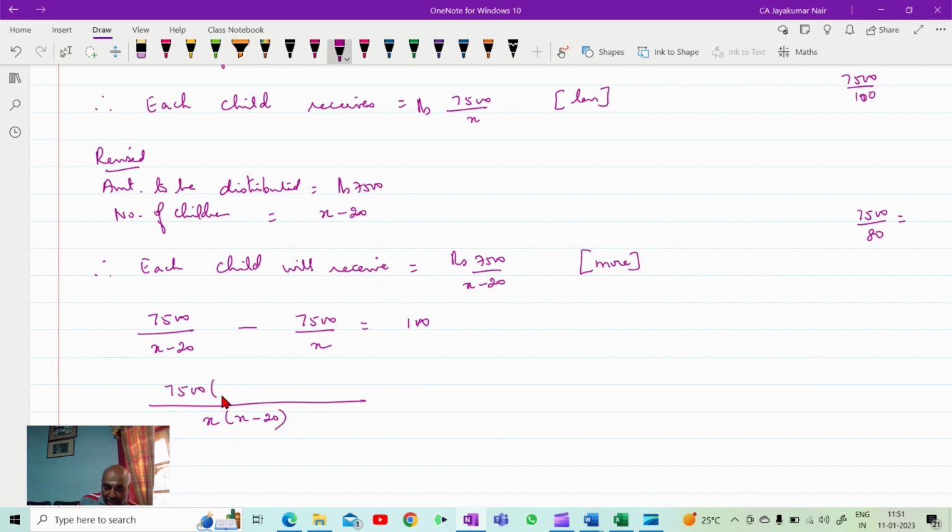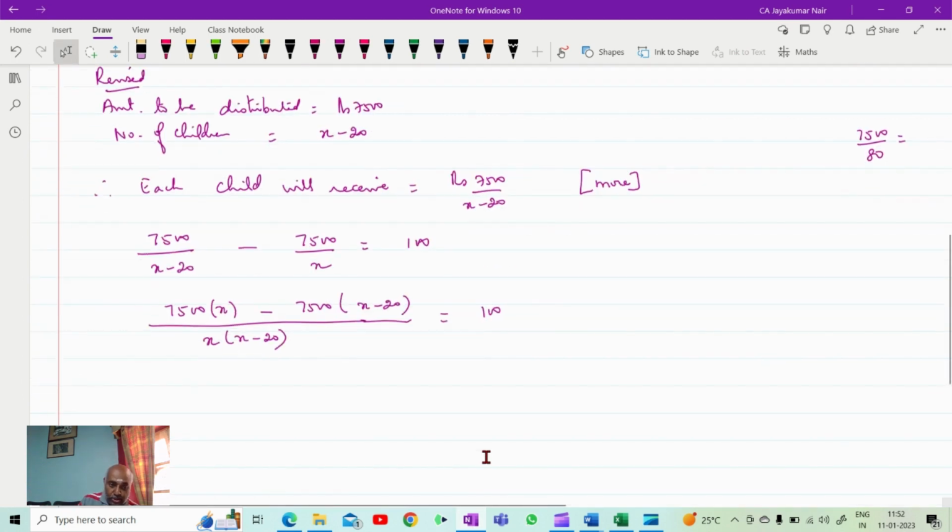7,500 into x minus 7,500 into x minus 20 will give you 100, because x minus 20 will go in this x times, so multiply the numerator by x, and here x minus 20 times, so multiply the numerator by x minus 20. So what do you get?